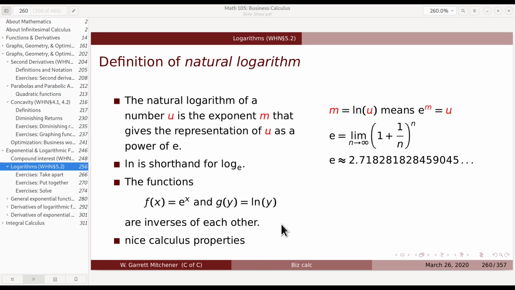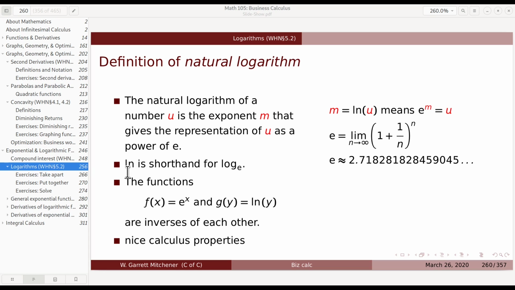Now, for reasons that will become clear soon enough, a special kind of logarithm is defined when you use the magic number e as the base. The natural logarithm of a number u is the exponent m that gives the representation of u as a power of e. And the abbreviation for this is ln.